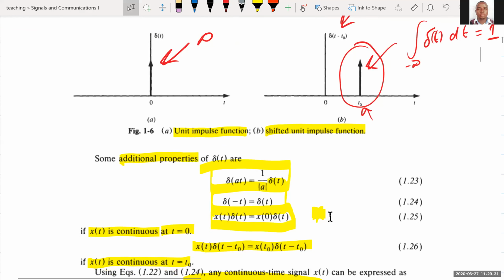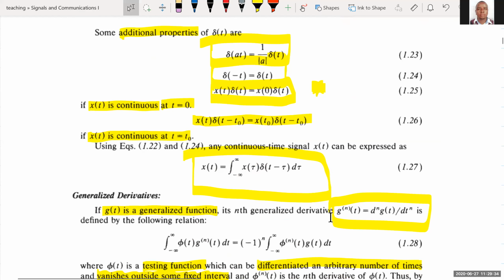There are some additional properties of delta of t, the impulse function. If it is scaled by a factor, of course a scalar value, that is equivalent to dividing by the magnitude of this scalar of the original delta function. We will see that as we move on.